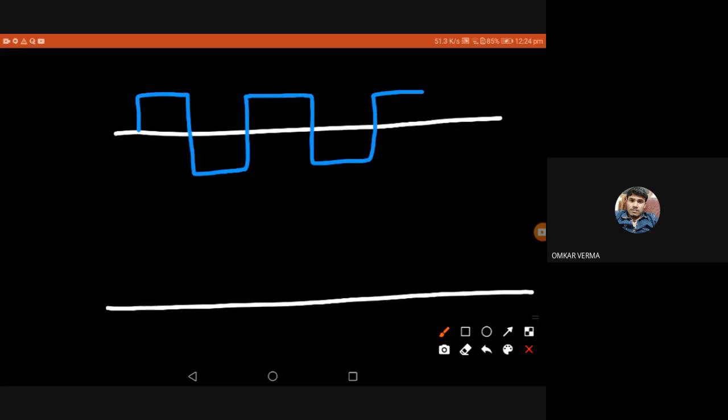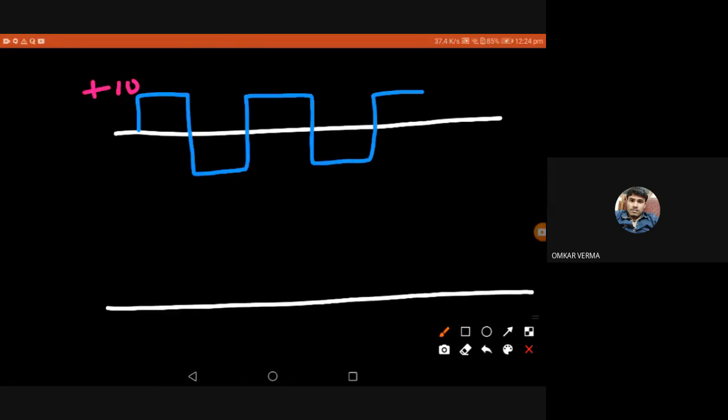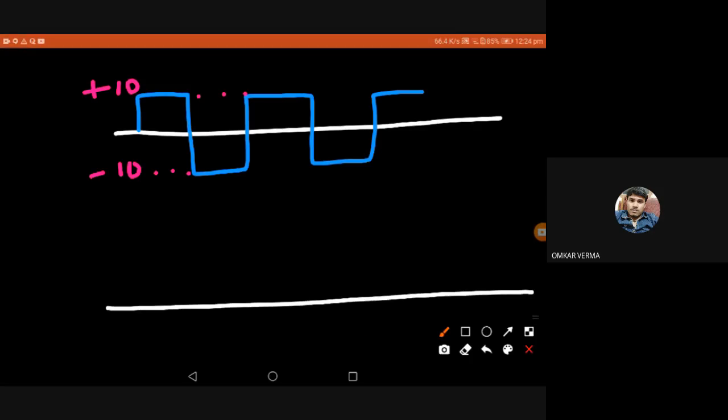Okay. With values plus 10, minus 10. Okay. Now what about output? In the positive cycle, first I analyze the negative cycle, right? Because the diode is forward biased in that cycle.